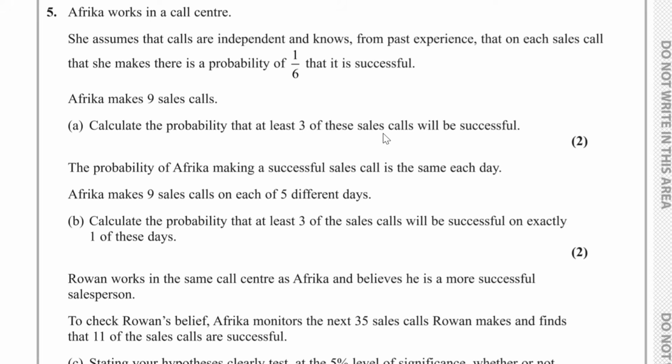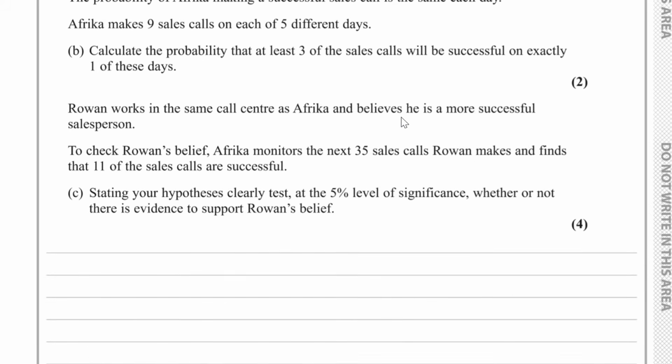This is a typical case of a binomial distribution. We've got the probability of success, and each sale call is independent of the other. So first of all, let's let the random variable C be the number of successful calls.